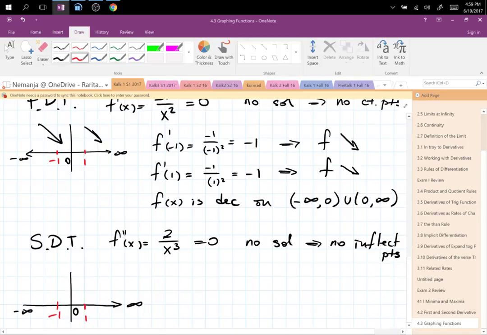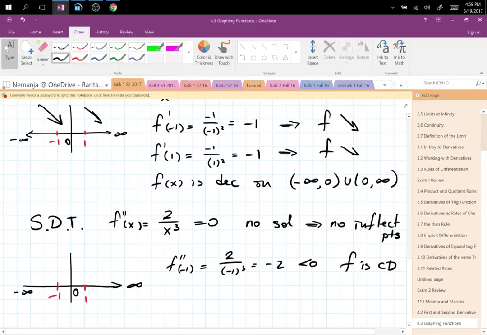Choose two test points. You can choose whatever you want. And now perform the second derivative test. So I have 2 divided by (-1) cubed, which is -2. That's less than 0, which means the function is concave down. And when you plug in 1, we get +2, so the function is concave up.